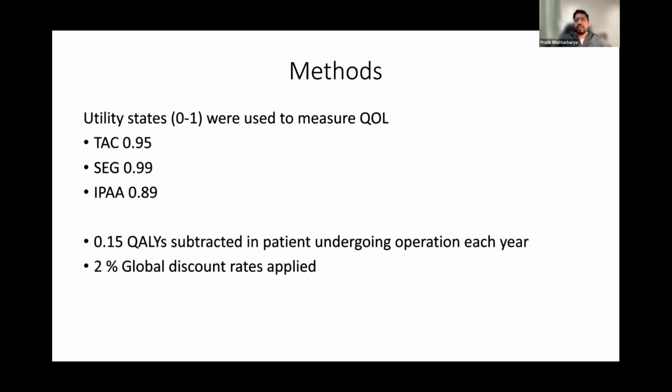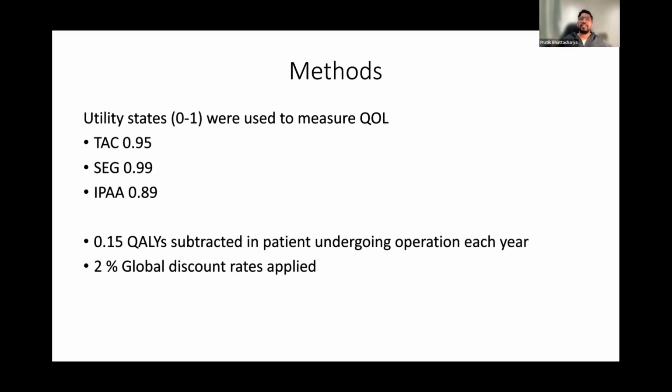Next slide, please. Talking about the quality of life aspect, they gave utility states of 0 to 1, 0 being the minimum, 1 being the maximum. And each year you accrue the utility, and the utilities accrue into the quality adjusted life years.